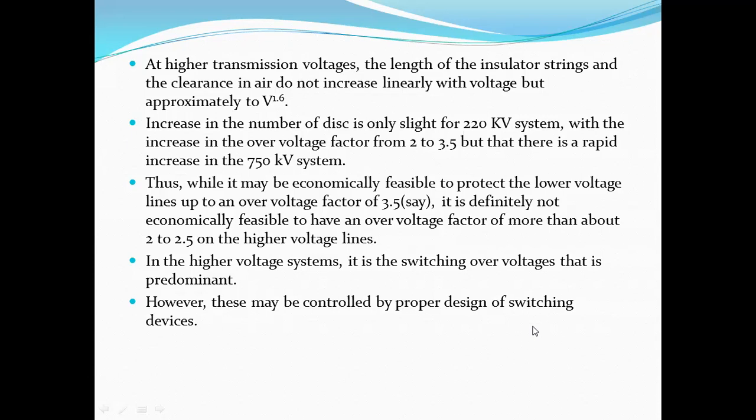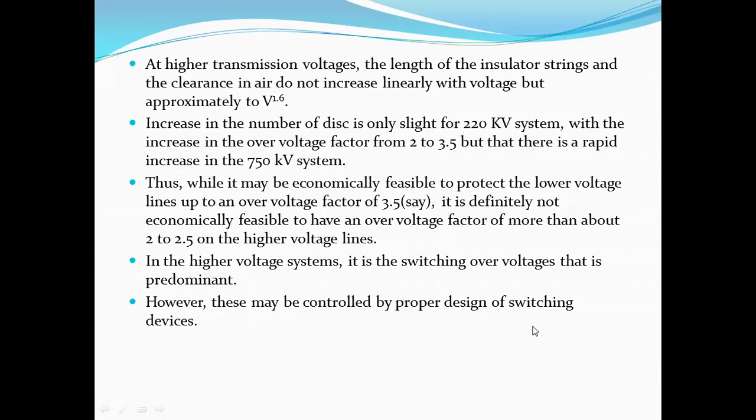But there is a rapid increase in a 750 kV system, right? So if we increase the voltage, then the number of discs required for the insulation purpose also increases, right?